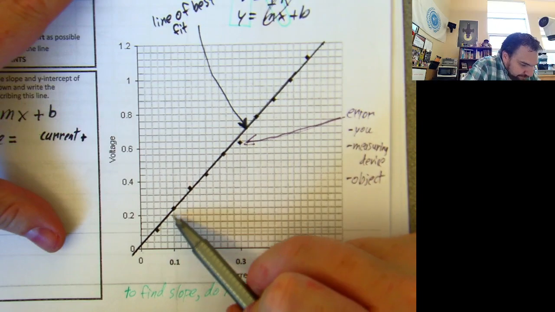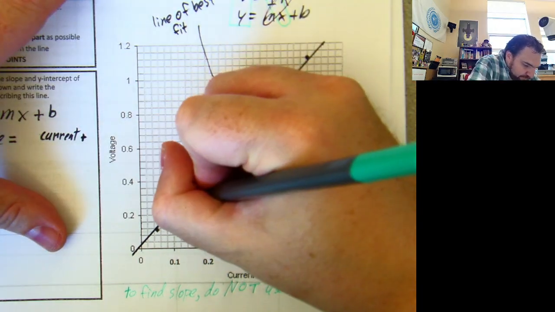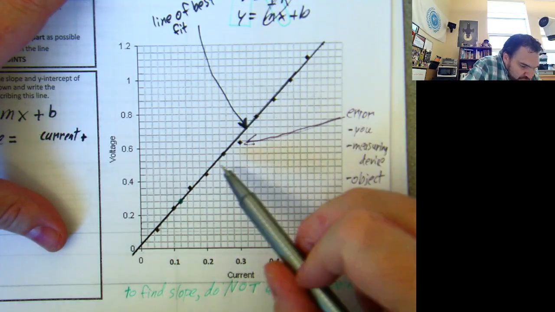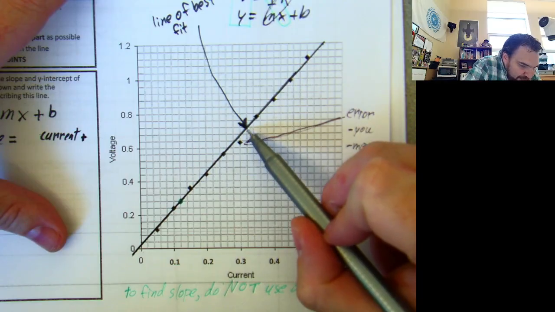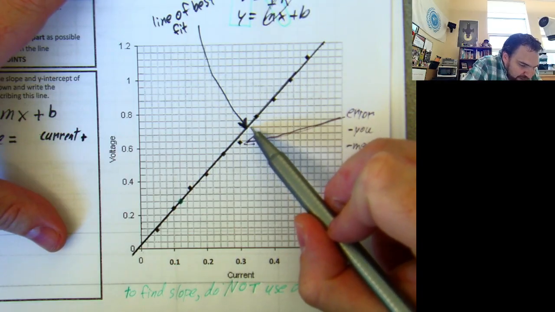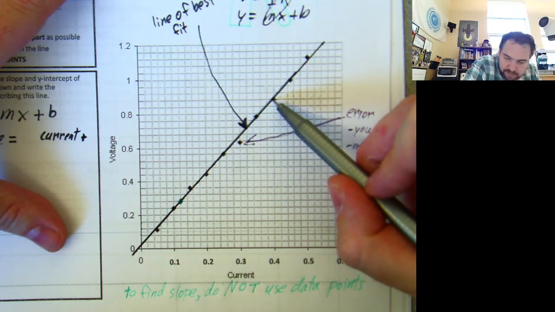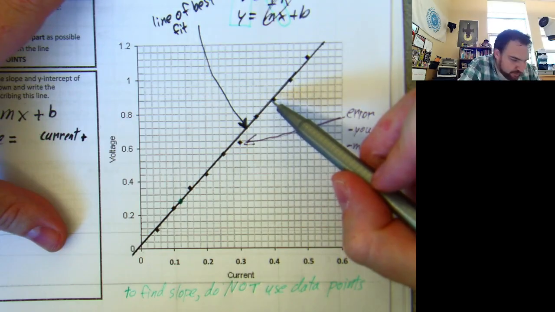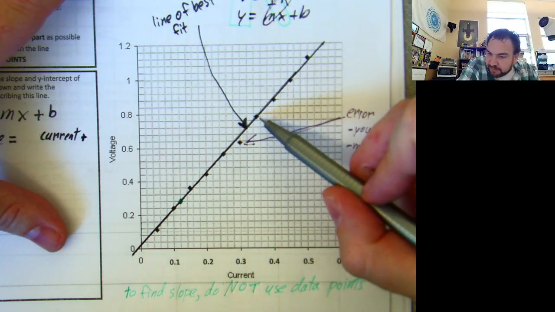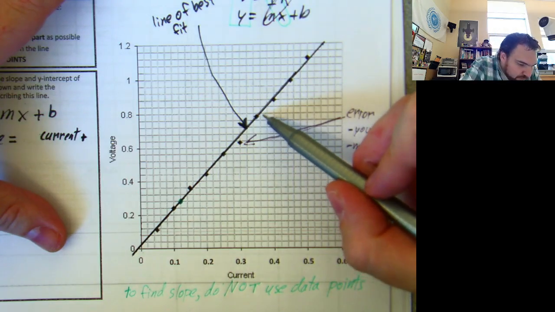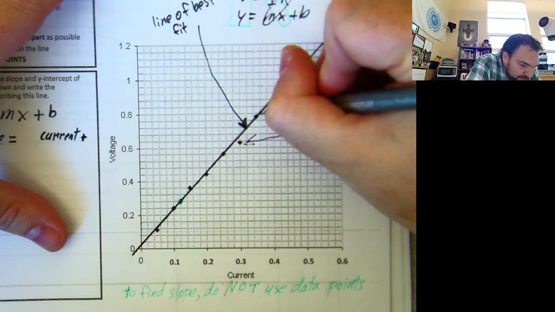I'm going to go with that point there. So you're just following along the line until you find a point that you feel exactly goes through the corner of the grid. Where's my other one? That one there. I'm going to use that one.